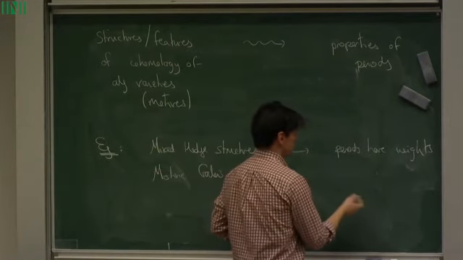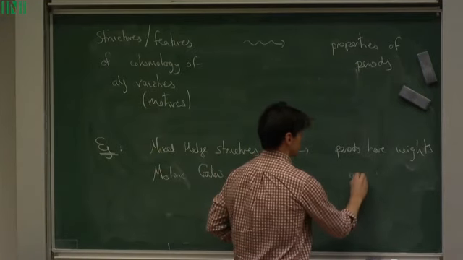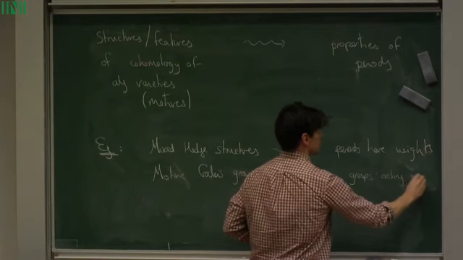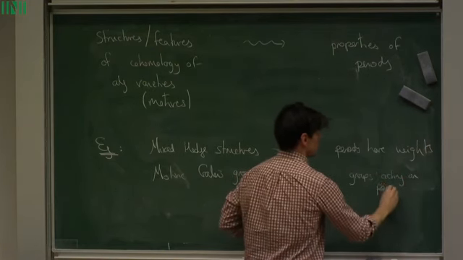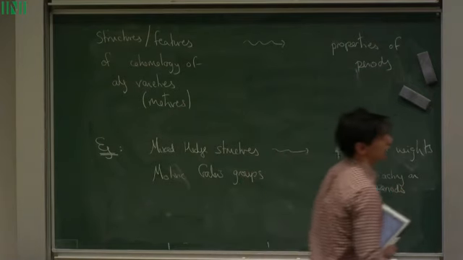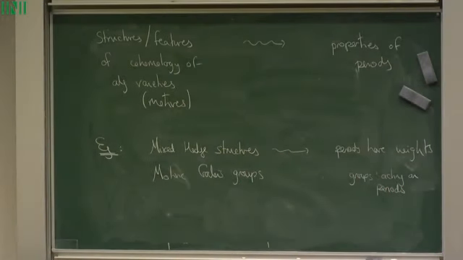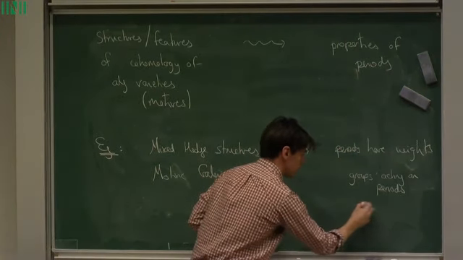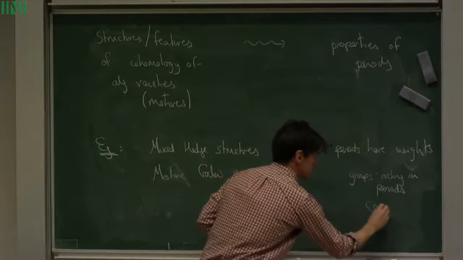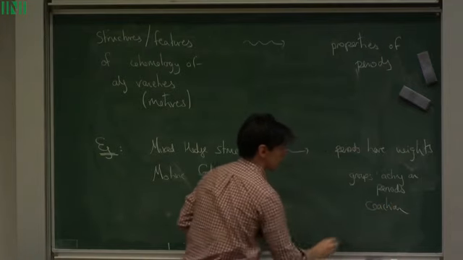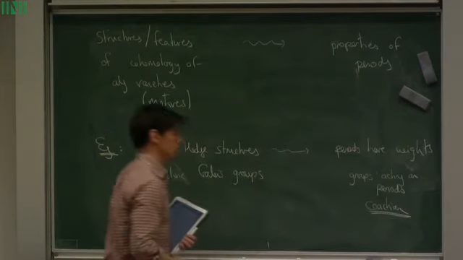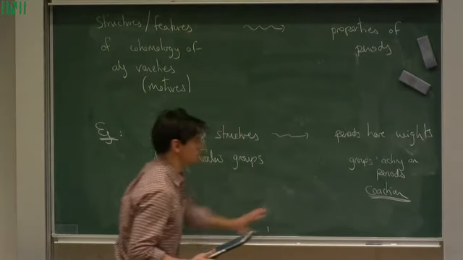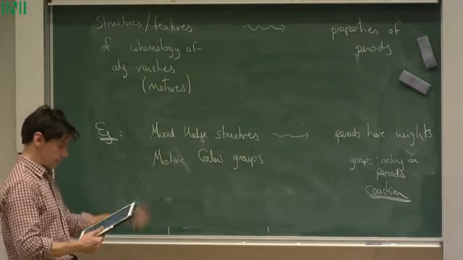You can set up groups acting on periods, or some versions of periods, I'm being a bit sloppy here, which generalize the action of the classical Galois group on algebraic numbers. And I'll just drop the word in case I don't have time to say anything about this. This shows up as something called a coaction, which is used very heavily by physicists, so it's something that will come up again for sure.